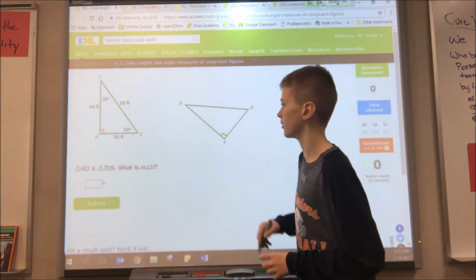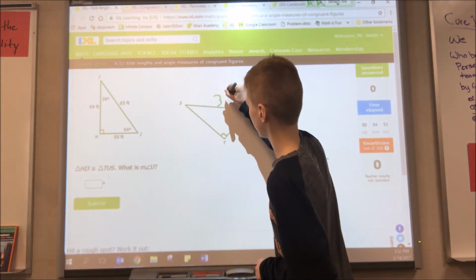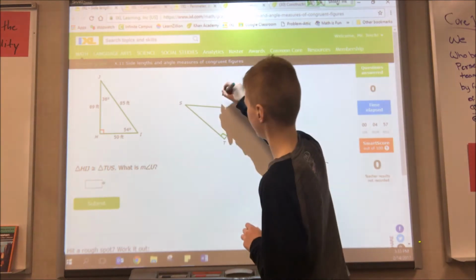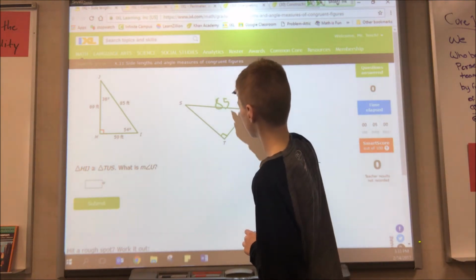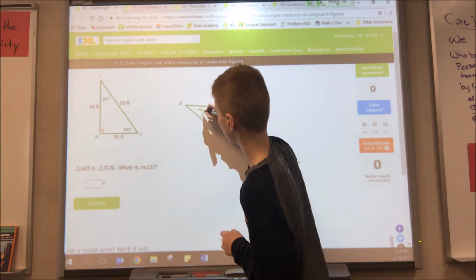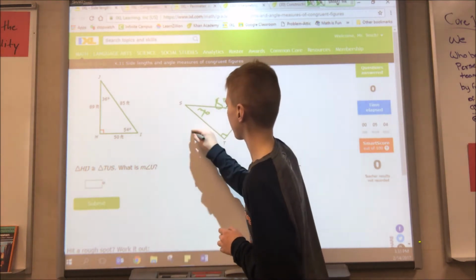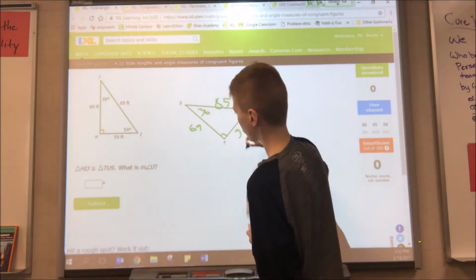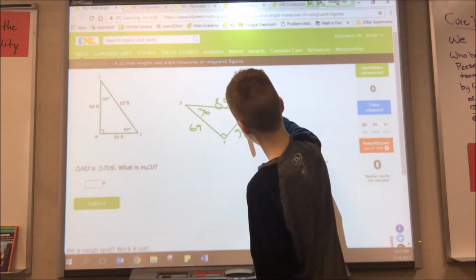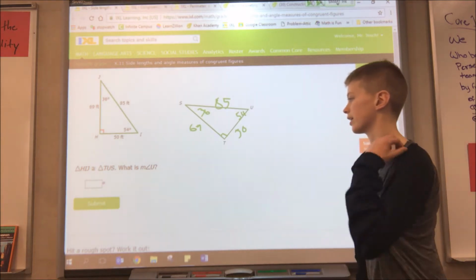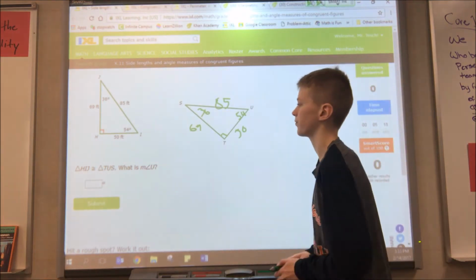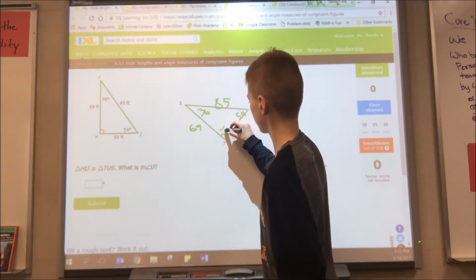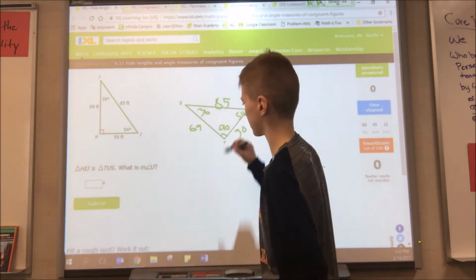So then we would write in the numbers. Yep, and then to solve for U, we have to figure out that this one is a right angle, so that means it's 90 degrees.